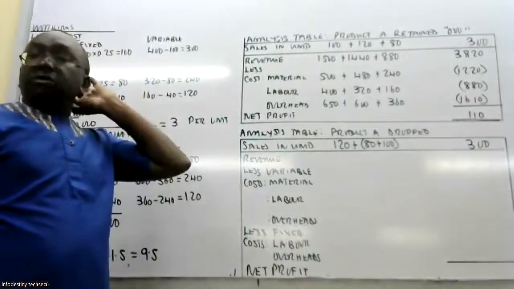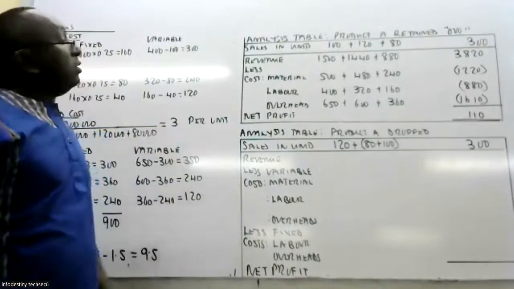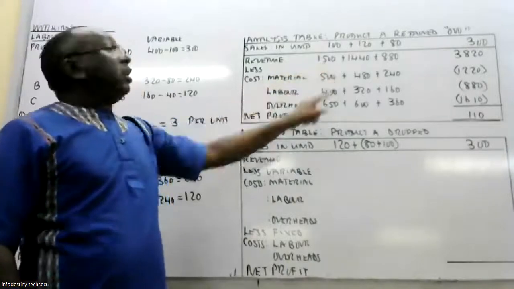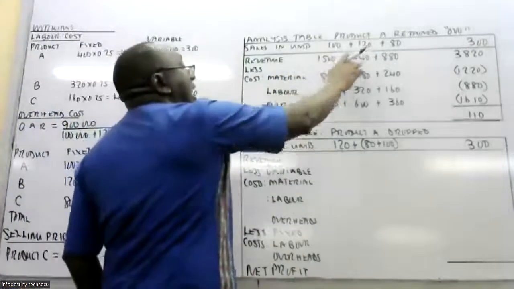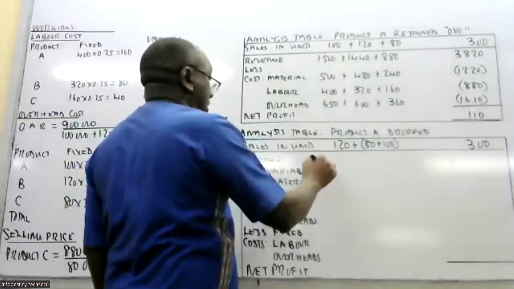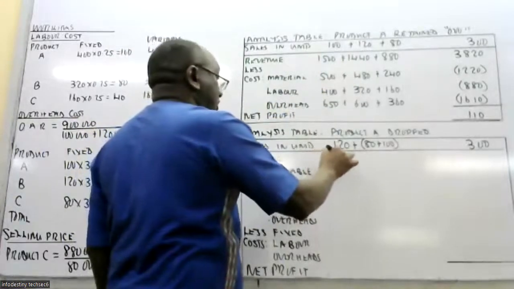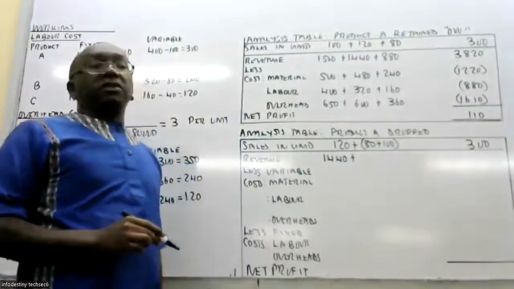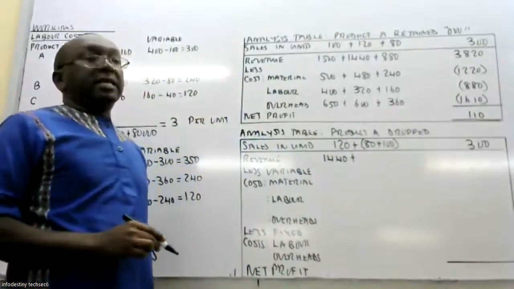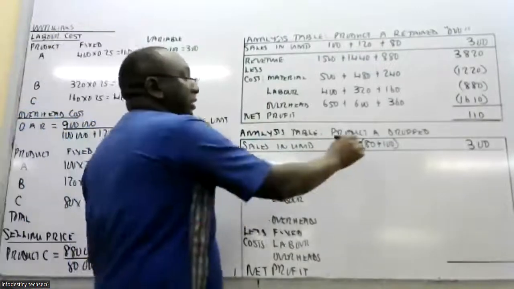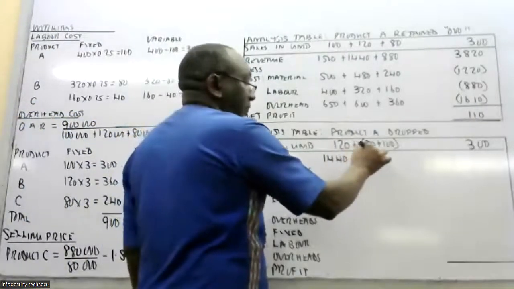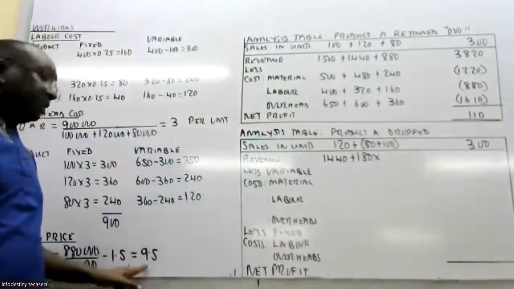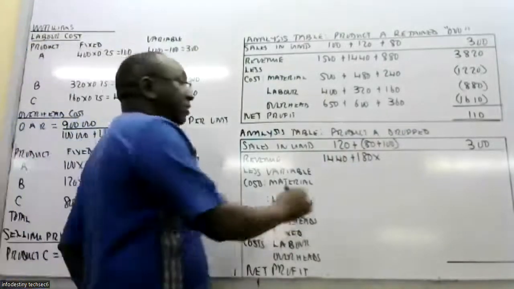Let's go to revenue. Revenue, this revenue of A will not be there. Tutakuwa na hii revenue ya B, 1440, plus the revenue of C. Na C, tunaona sasa C itakuwa na 180 units. Na tushajua that the selling price is 9.5.